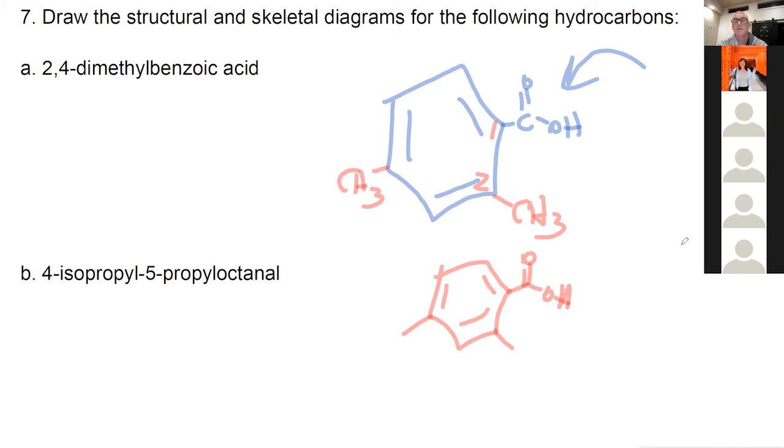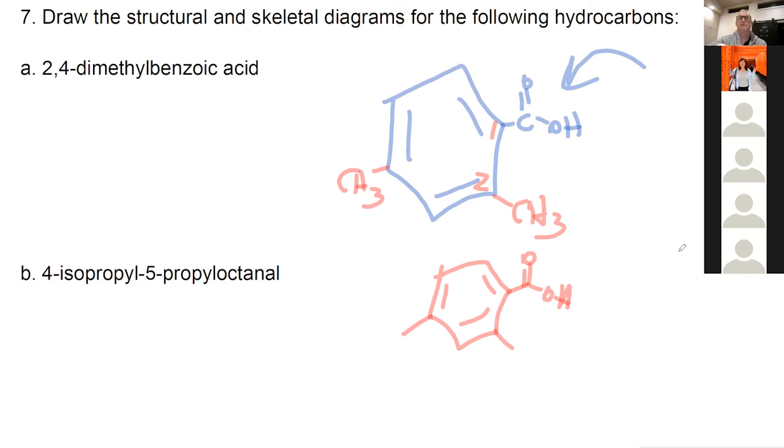Remember, with the skeletal, you don't put any hydrogens unless they're attached to oxygen. If they're attached to carbons, you leave them out. But we would put it in here because it's attached to oxygen. So that's it for that one.